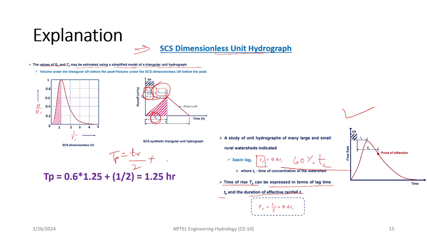So here TP is considered in terms of TC. So if we are plotting this TP, it is from the end of this hydrograph to the point of inflection. So it is called TC, and TC is equivalent to TP by 0.6.